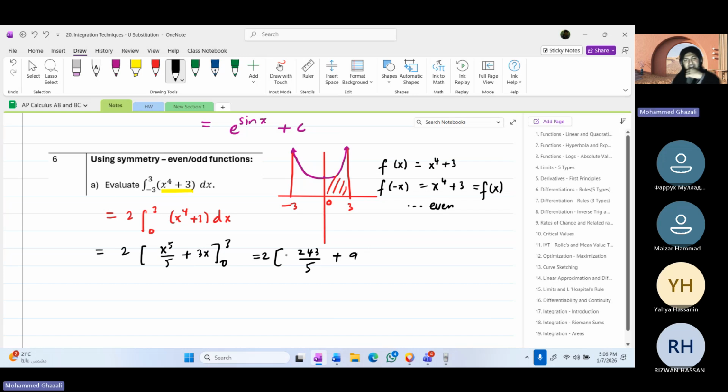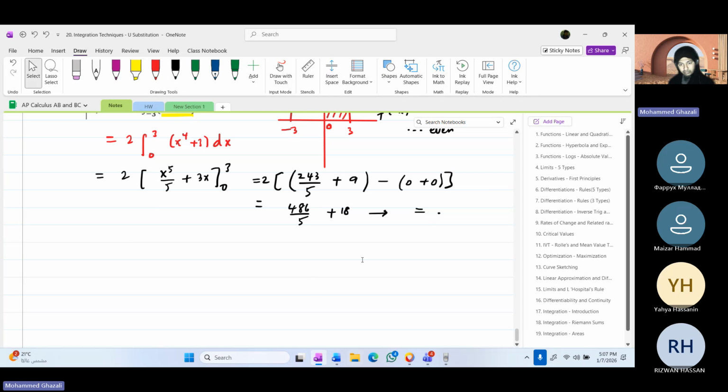No, 3 times 3 is 9, yeah, plus 9. And minus, substitute 0 there, minus 0 plus 0, the lower boundary. So now you can put all this in the calculator, 2 times 243 over 5 plus 9, and get the answer, 486-something. It's fine. Move on to the next problem.